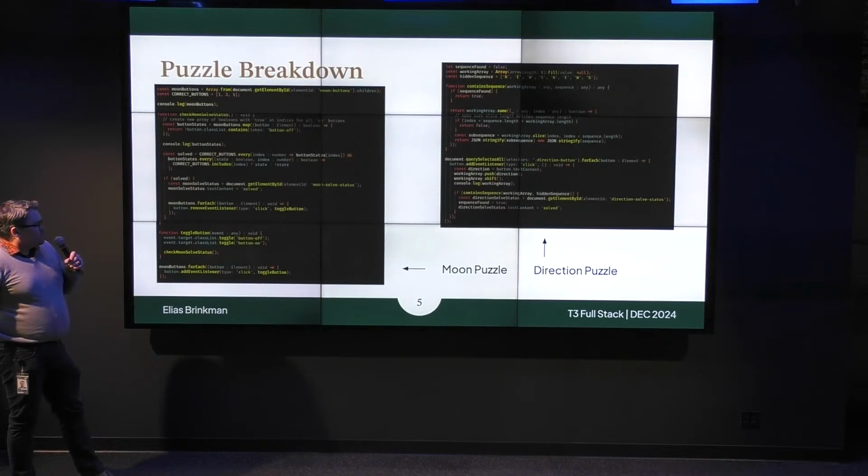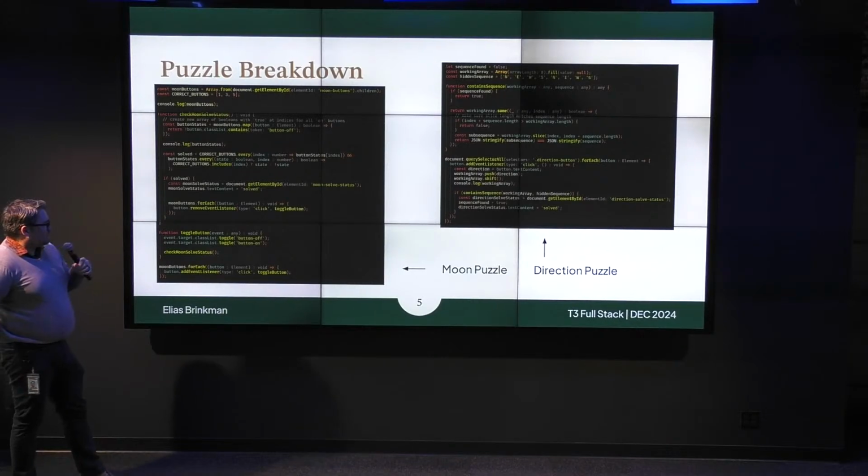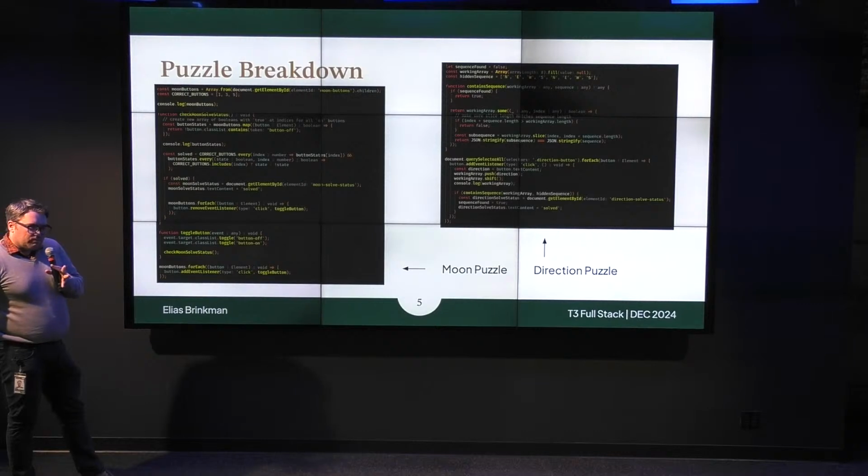The moon puzzle is just based on Boolean logic. Basically, if you have certain buttons selected, I want you to be able to have only those buttons selected and none of the other ones in order for you to win. And a similar idea with the direction puzzle. They're both based on arrays and array methods.